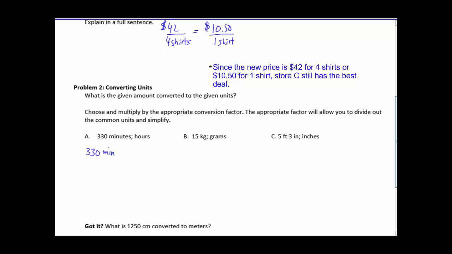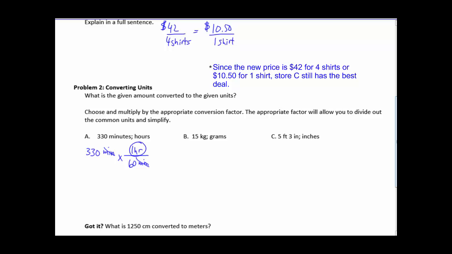When we multiply, we have to figure out how many minutes are in an hour. We know that there are 60 minutes. Now, when we want to convert, we want to cancel out the minutes and just have hours, so we put minutes on the bottom. There are 60 minutes in 1 hour. By doing this, we can cancel out the minutes and we're left with just hours.